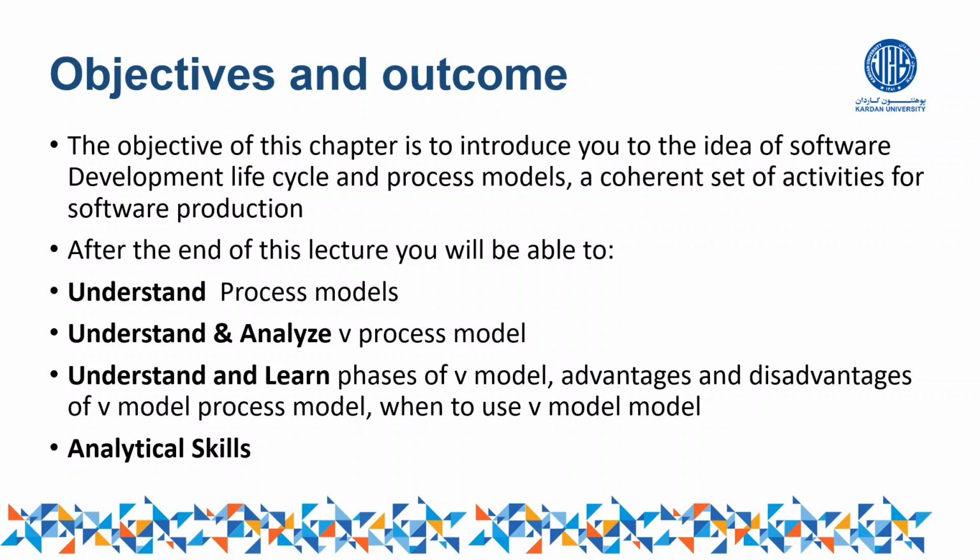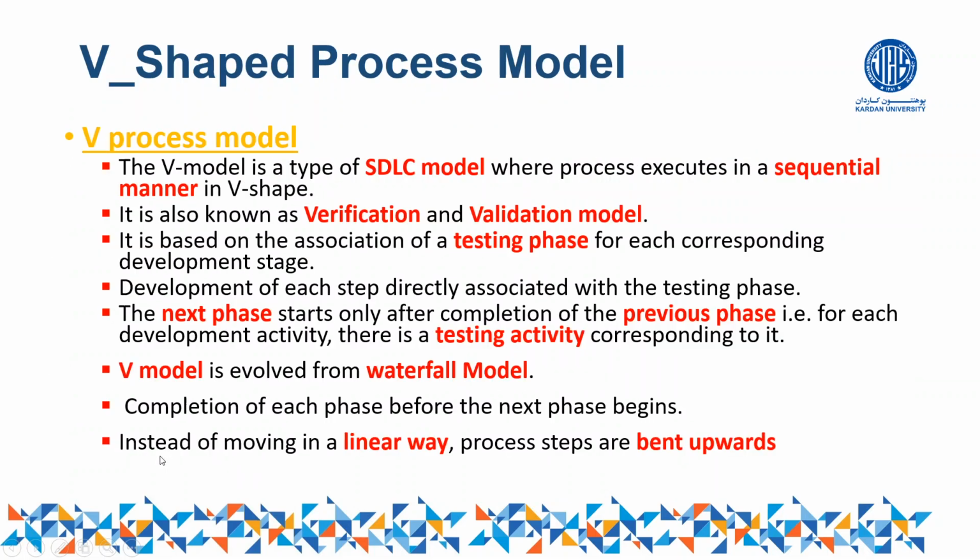After the end of today's lecture, you would be able to understand the process model in general, and then you would be able to understand and analyze the V process model, and learn the phases of the V model, advantages and disadvantages of the V model, and when to use the V model. At the end, you will get the analytical skills after the end of this session.